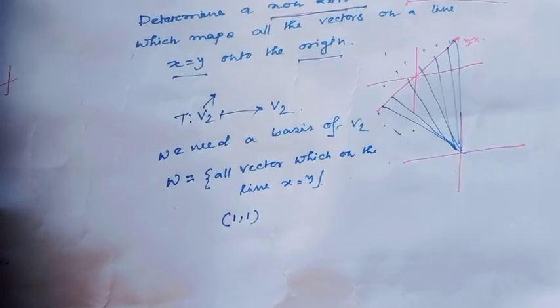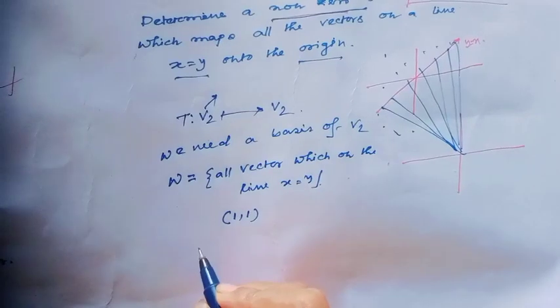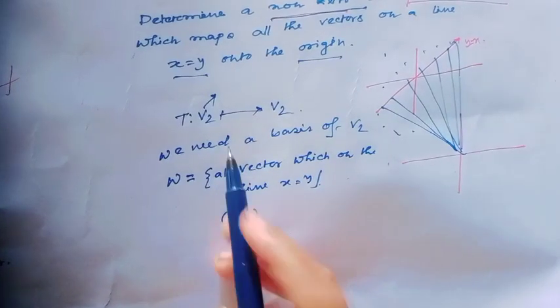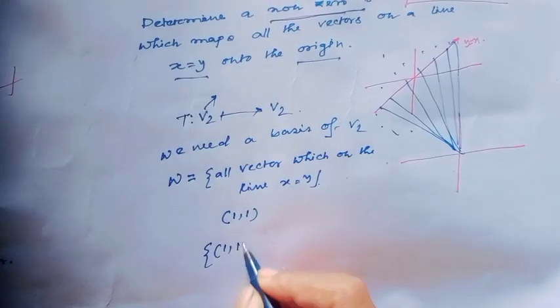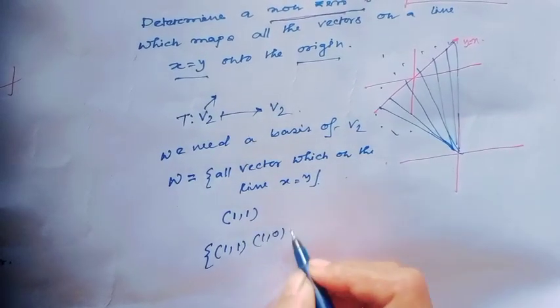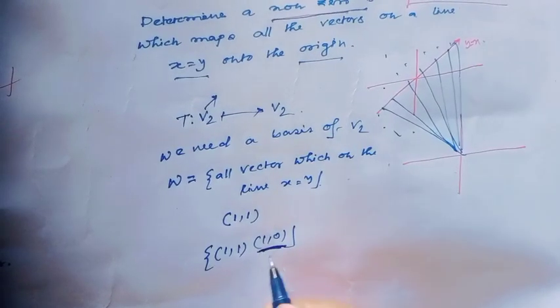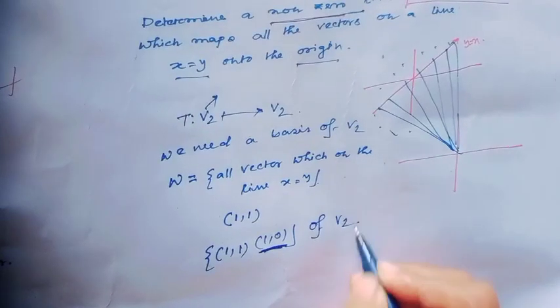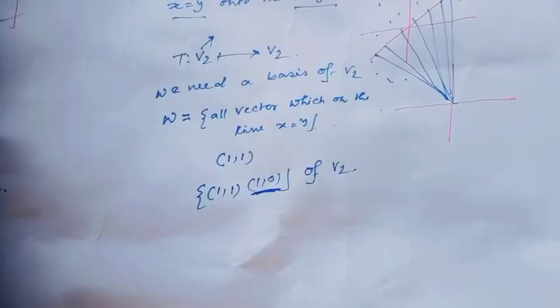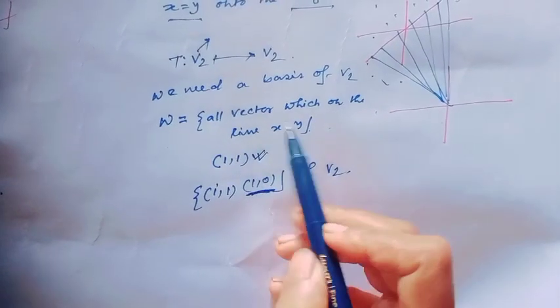So, by the extension theorem, we can extend this to a basis of the vector space V2. If we consider the vectors (1,1) and (1,0), since these are linearly independent, they can be a basis of V2.